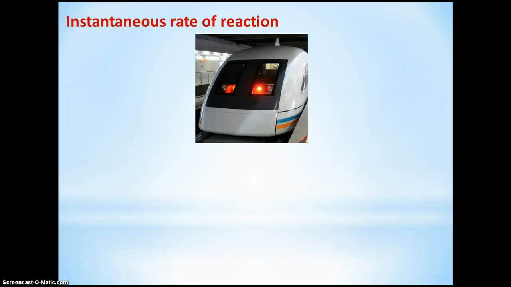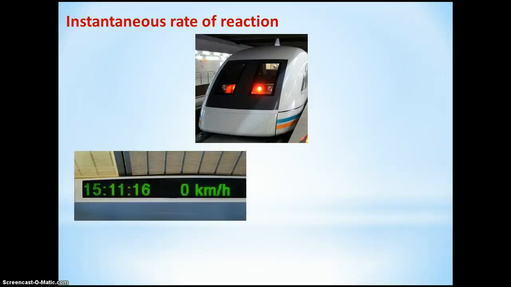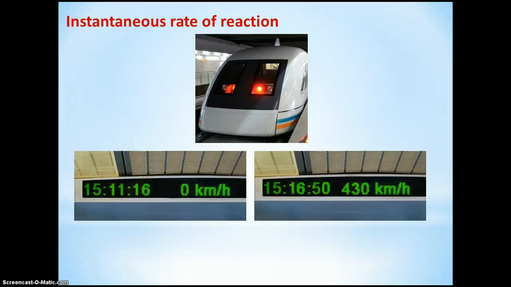Say you are traveling on a fast-moving train. At the very beginning, when the train is not moving at all, the speed at that particular moment is 0 km per hour. But 5 minutes later, it has moved up to a speed of 430 km per hour.